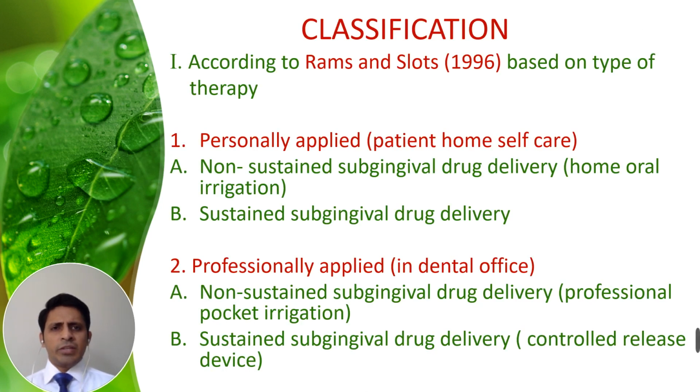The classification of local drug delivery according to Rams and Slots in 1966, based on the type of therapy, is as follows. Personally applied, that is the patient's home self-care. It is classified as non-sustained subgingival drug delivery, which includes the home oral irrigations, and sustained subgingival drug delivery.